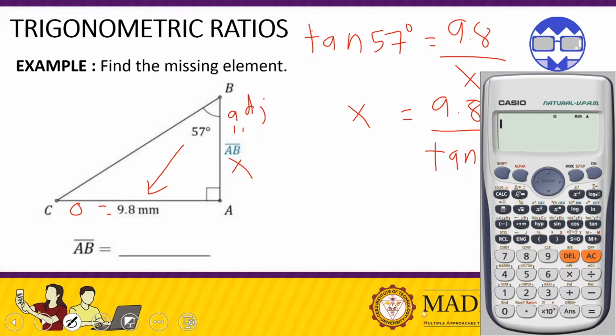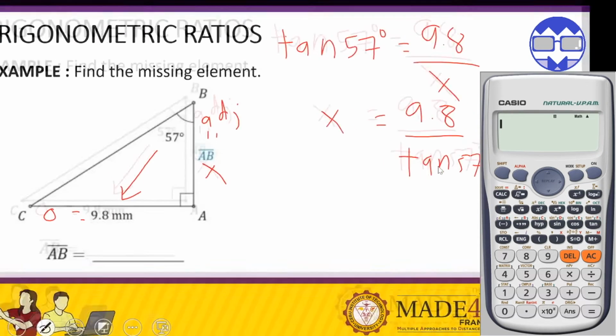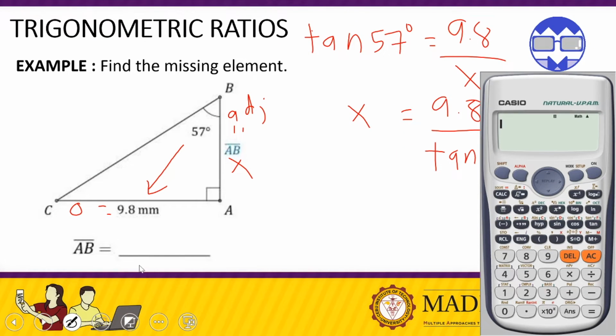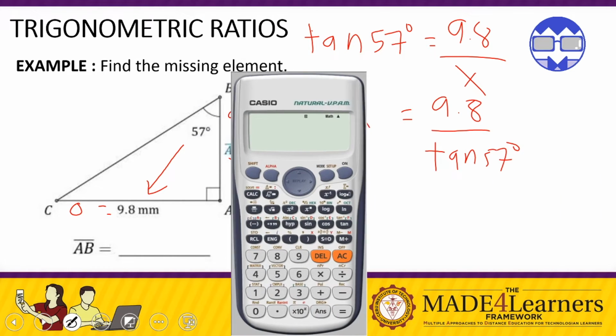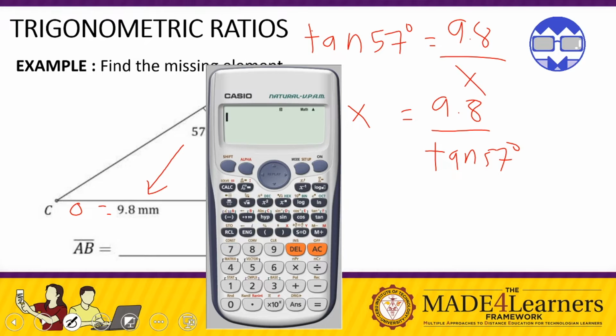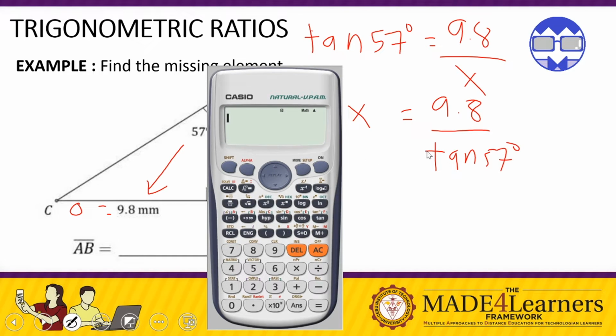Oh wait, it's not clear. I'll put the calculator away. Okay, so it's here. Let's try to solve using our calculator. We have 9.8 over, again, check if it's in degree mode, so it's okay already.